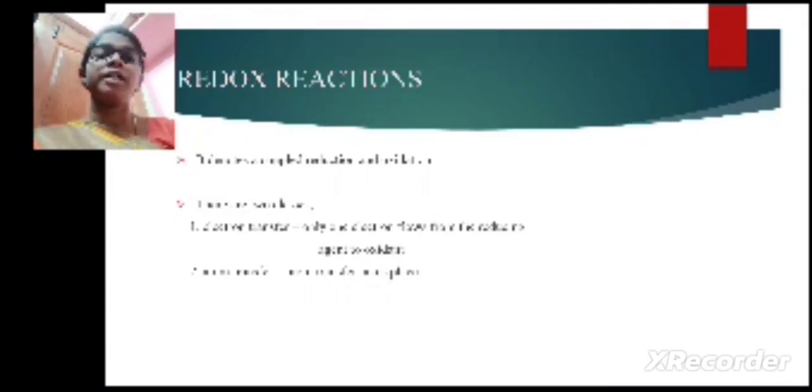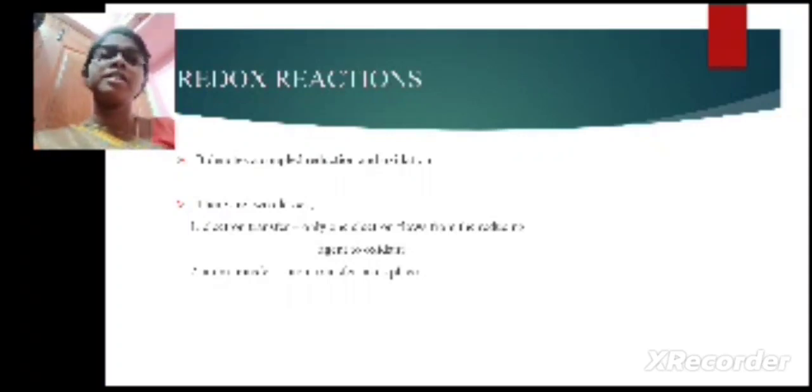Then we will see about redox reactions. Redox reactions denote coupled reduction and oxidation reactions. Here there are two classes: electron transfer, where an electron flows from the reducing agent to the oxidant, and atom transfer. Reduction means that if an atom gains an electron, it becomes more negative, so it is reduction.